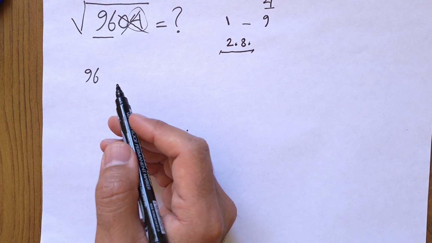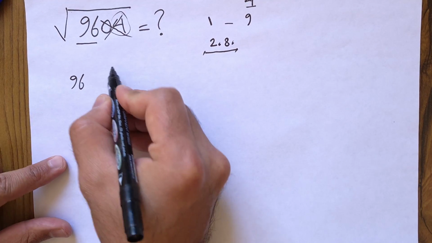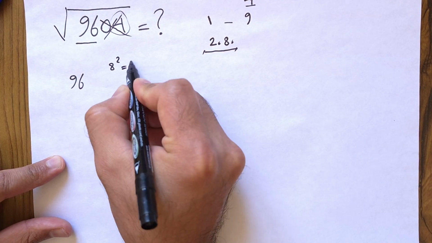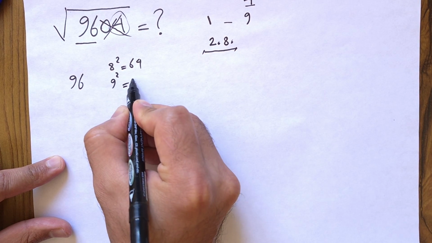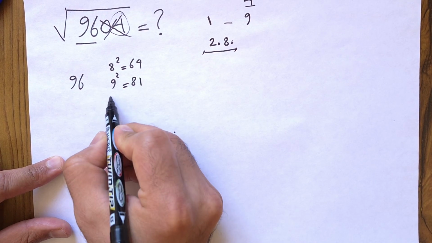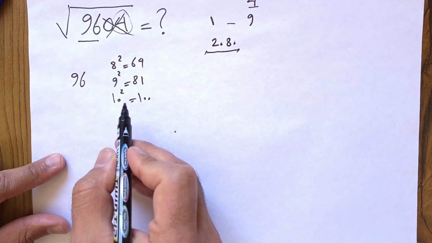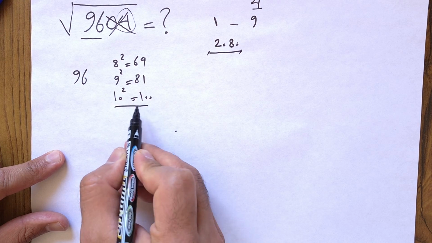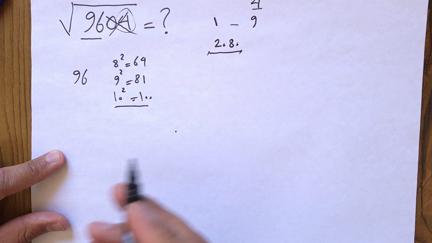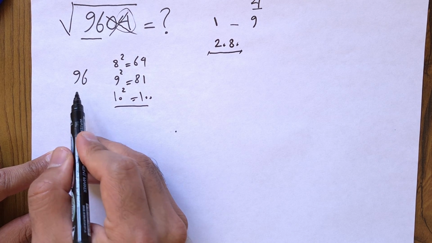Let's go for 8, for example. 8 squared is 64. 9 squared is 81. 10 squared is 100. Okay, 100 is bigger than 96, so this can't be our option.